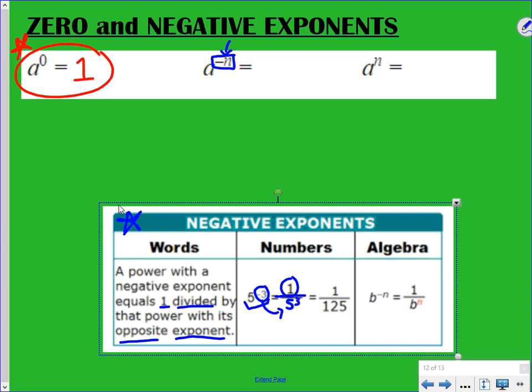All right, so whenever we have a negative exponent, that means 1 over a to the opposite exponent. So if we had 5 to the negative second, that would equal 1 over 5 to the positive second, which we could simplify even further to 1 over 25.